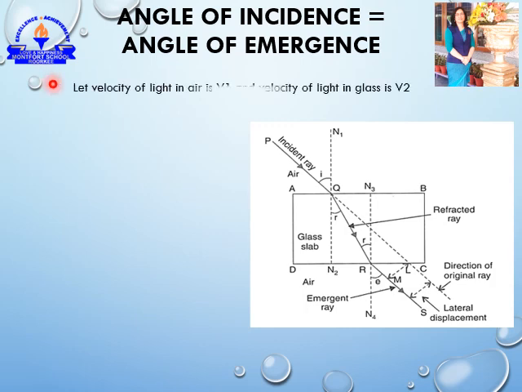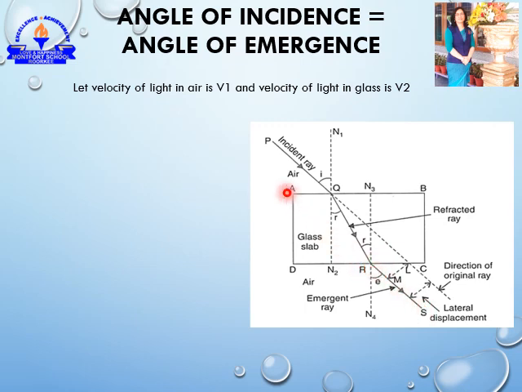In this diagram, given to you is a slab and a ray is incident on this slab, and this incident ray after refraction takes the path QR. At R point again refraction is taking place and the ray goes away from the normal and takes the path RS.